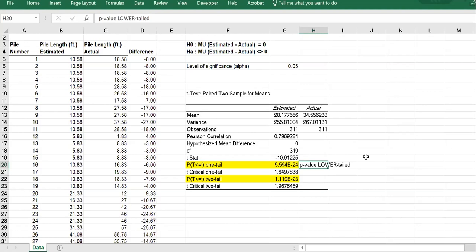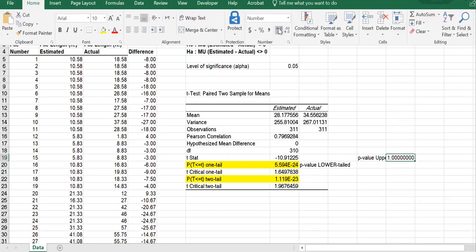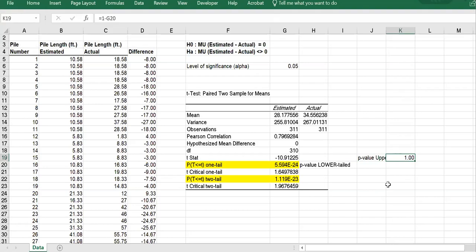If we wanted p-value upper tailed, that would be simply 1 minus p-value lower tailed. That's something that's good to know. It's almost 1, yes, almost 1. This is 0, right? All right, so now writing the conclusion, of course, the p-value two-tailed is less than 5%.